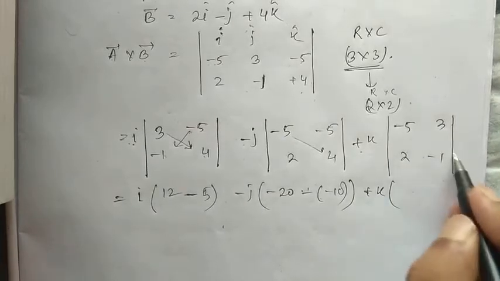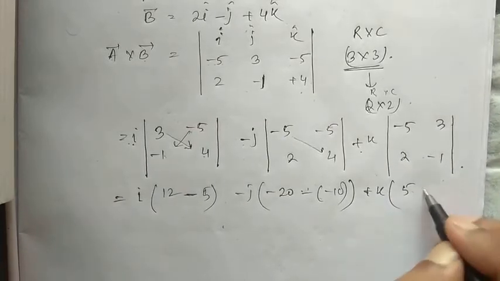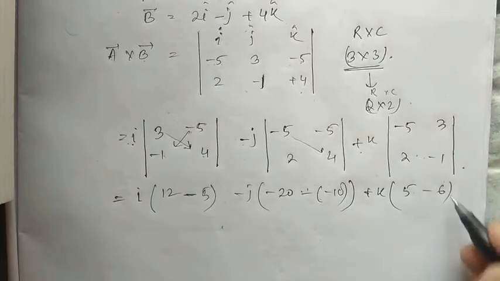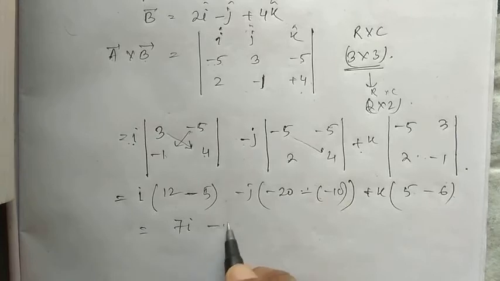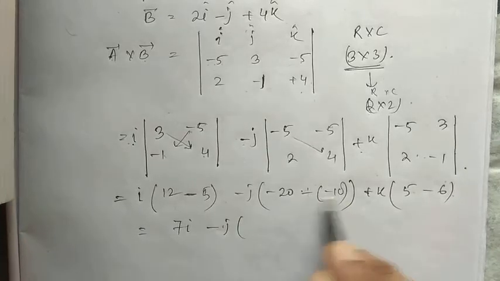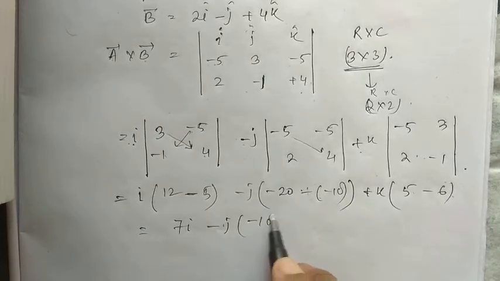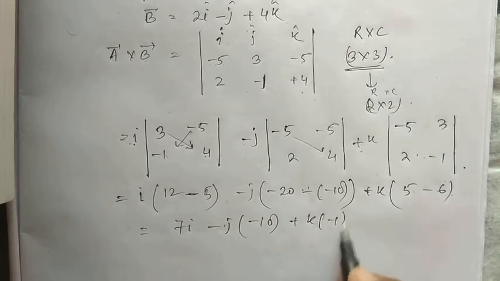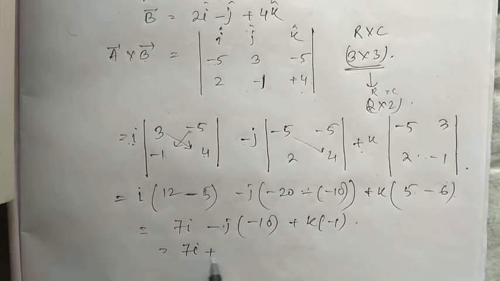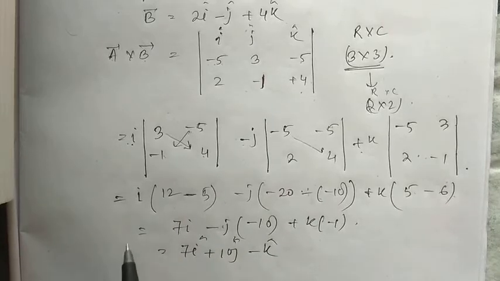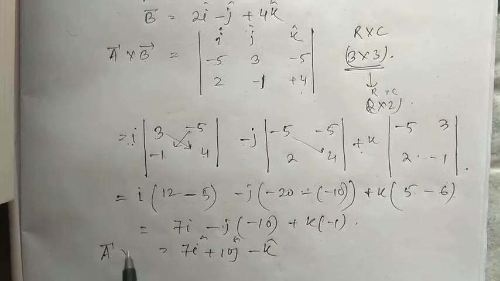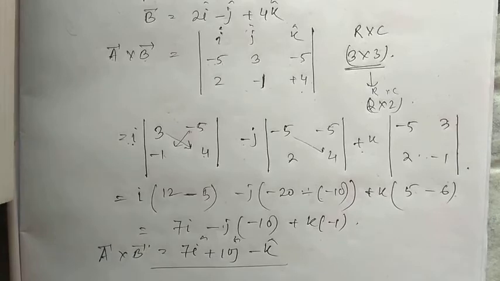Now minus 5 into minus 1 gives 5, and 3 into 2 is 6. So this one becomes 7i minus j into plus 10, so minus 10 here and minus 1 here. So 7i plus 10j minus k is A vector cross B vector.